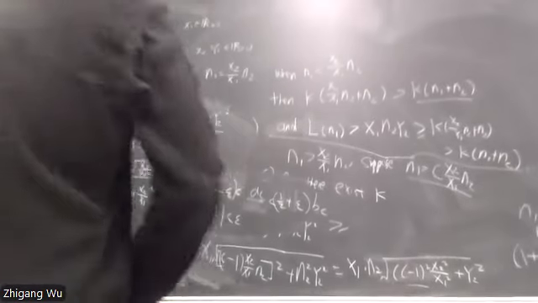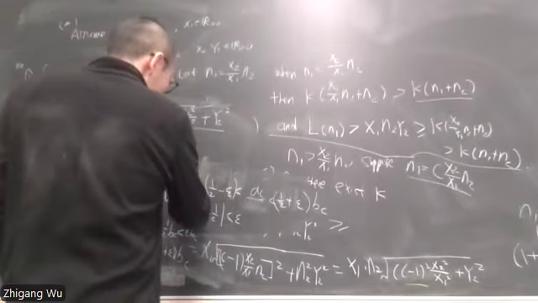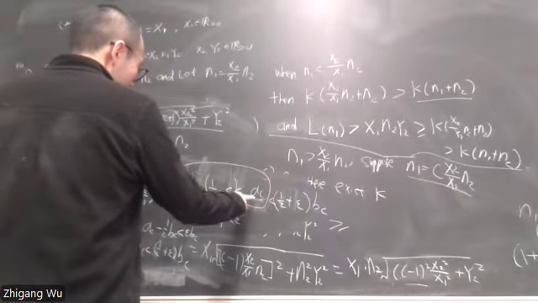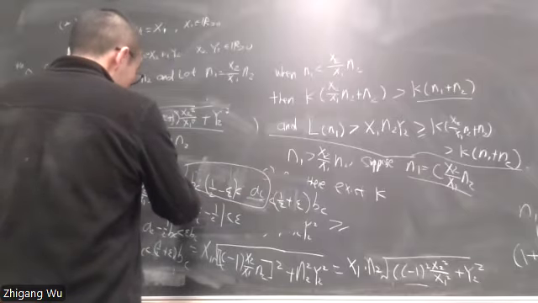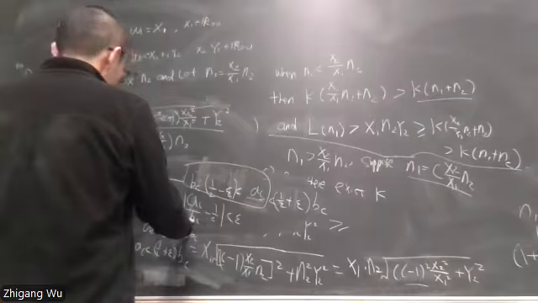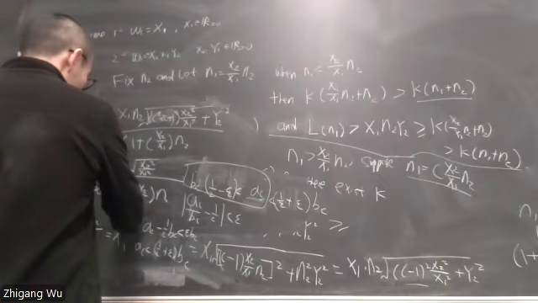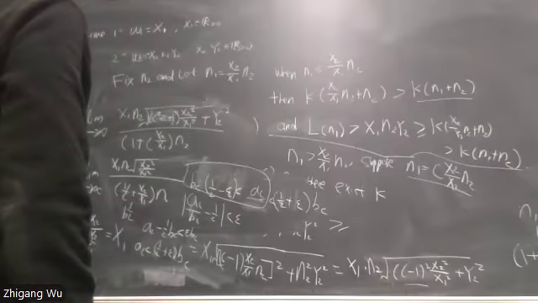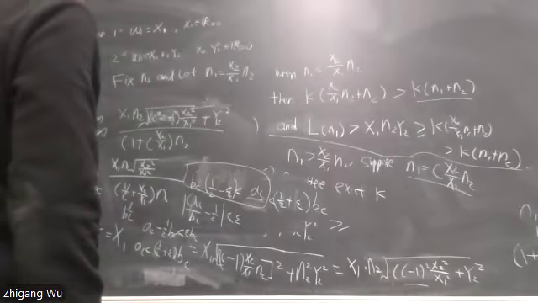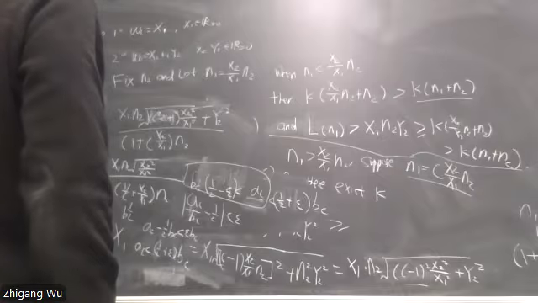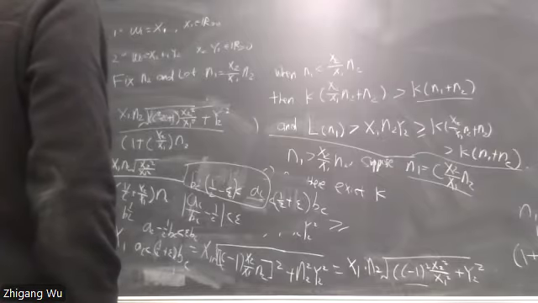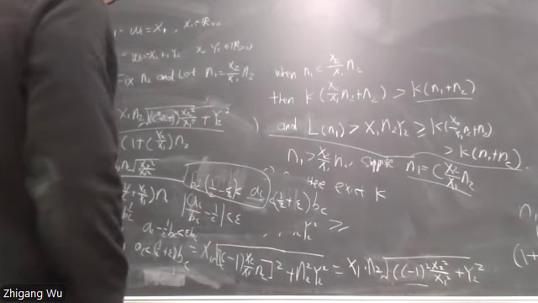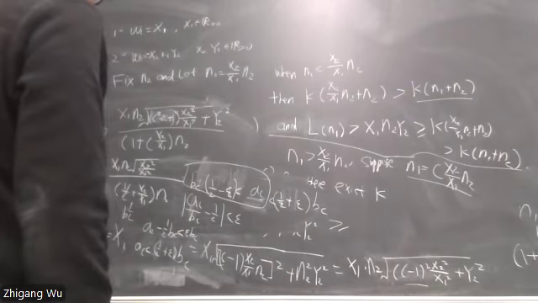Okay. Yeah. So you get an upper bound for this lower bound. So if you treat this one as a BC, right? So here it converges to 1/2. So actually it converges to x1.